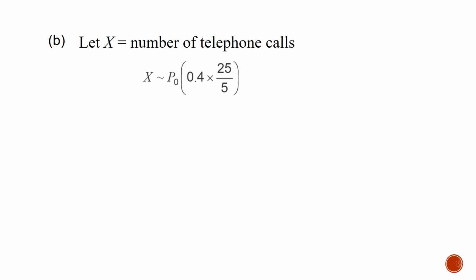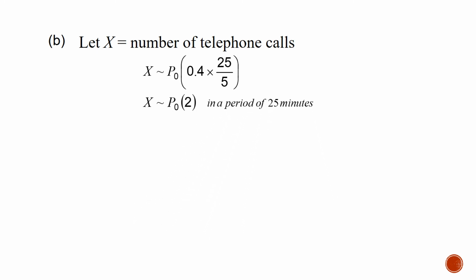The mean will be 0.4 times 25 over 5. So you have X follows the Poisson distribution with mean 2 in a period of 25 minutes. So remember class, your lambda depends on the time interval.